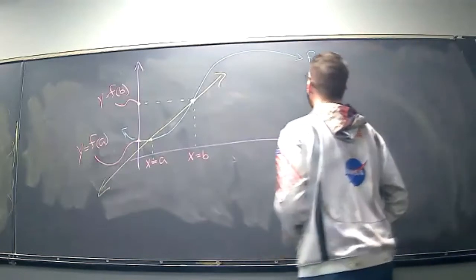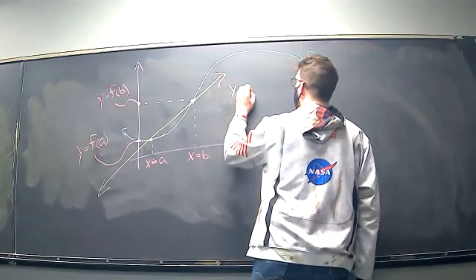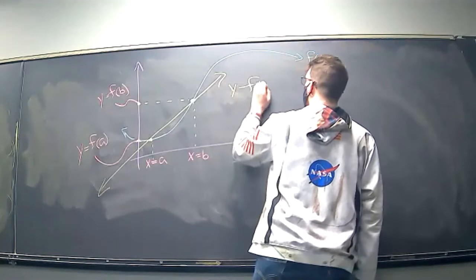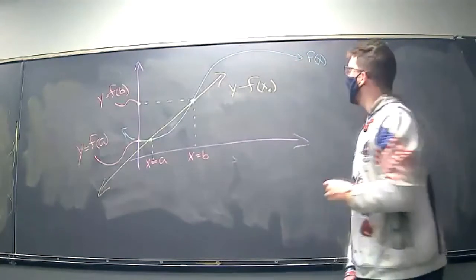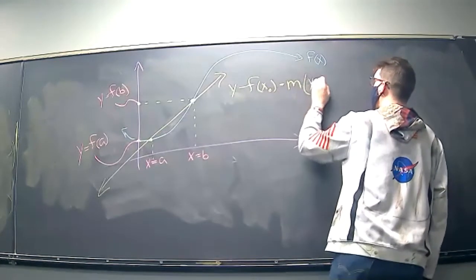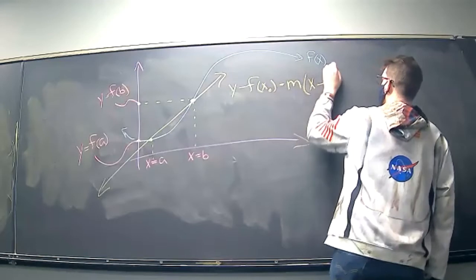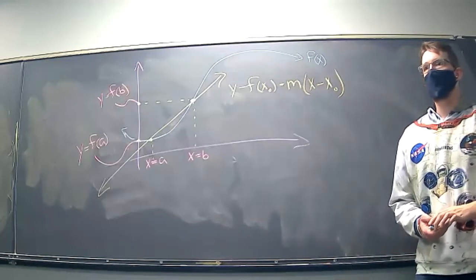We could say this line is y minus some particular y value, is equal to m times the difference between x and the x value associated with that particular y value. Is everybody with me on this?